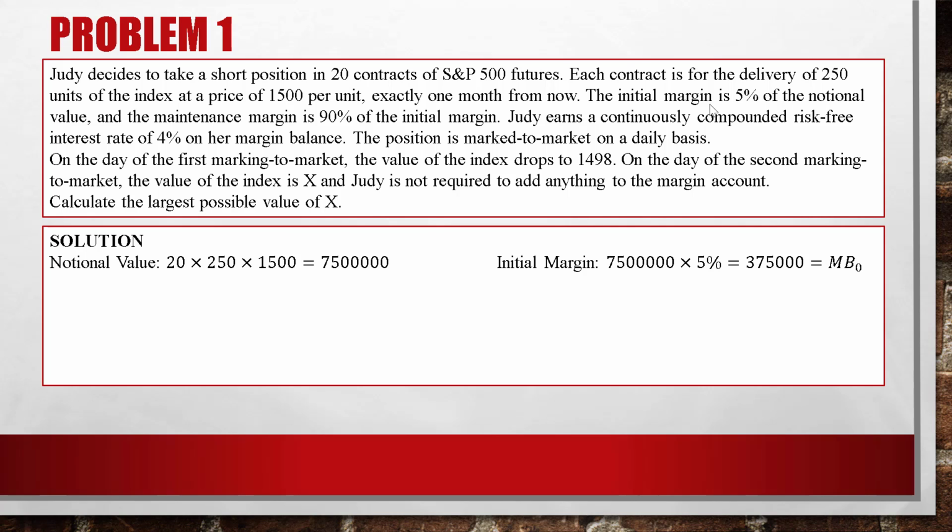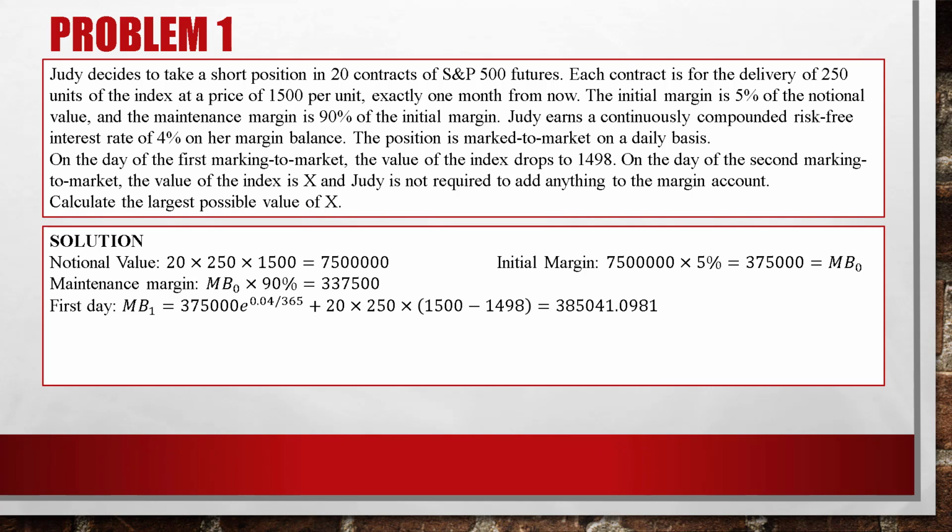It's also said that the maintenance margin is 90% of the initial margin. So the maintenance margin is 90% of 375,000, which is 337,500. And now we can set up the iteration to calculate the margin balance on the first day and on the second day.